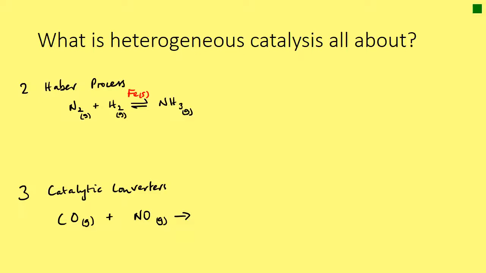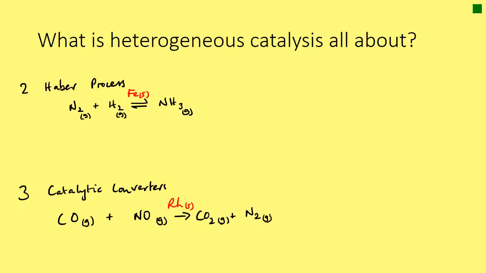And what happens is that our catalyst, which in this case is rhodium, also a solid, converts the carbon monoxide to carbon dioxide, right? And in the process, it converts the nitrogen monoxide to nitrogen gas. Very useful. Nitrogen gas, not harmful at all. Carbon dioxide, not harmful to us, even if quite harmful to the environment. So there we have 3 examples of heterogeneous catalysis.